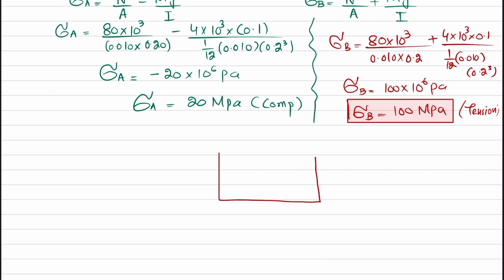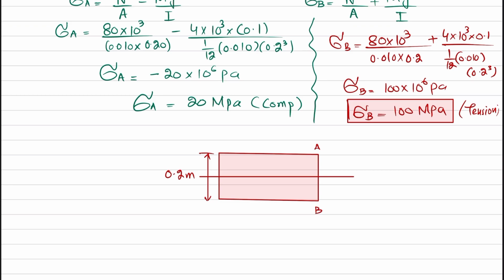So this is the plate. This is the half of the plate. Clear? The total height is 200 millimeter, which is 0.2 meter. Clear? This was point A and this was point B. So at point A, we have compressive stress, which is 20 megapascal.